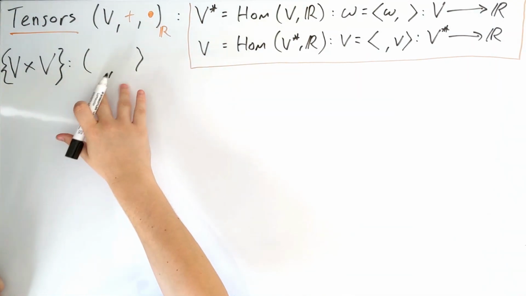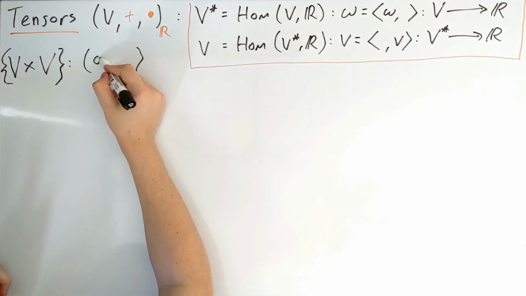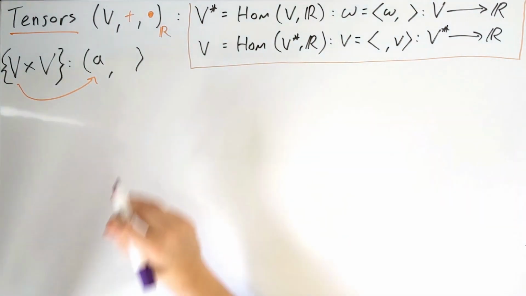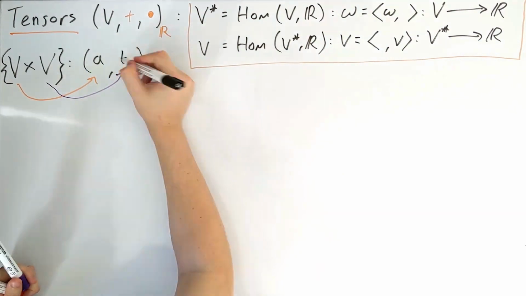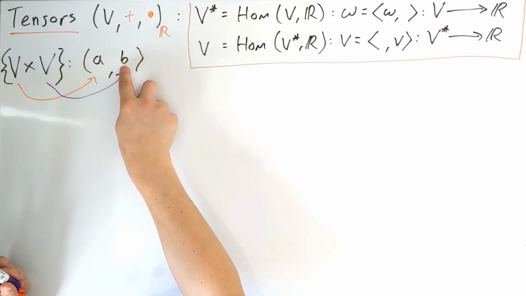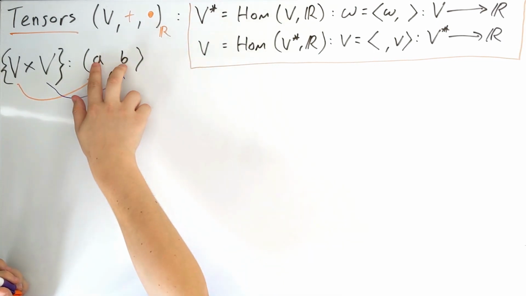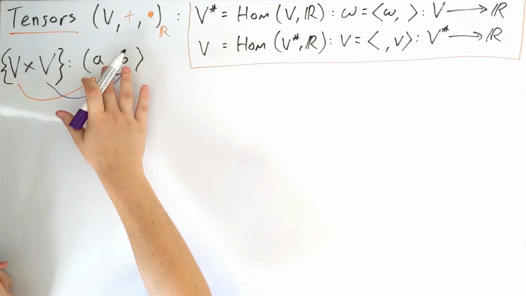So one element, the first element, is just a vector from V, and then the second element in the pair is a vector from our second V. And now this thing is ordered in the sense that it matters which slot you write these in, and the ordering of the slots tells us which of the vector spaces the corresponding vectors come from.